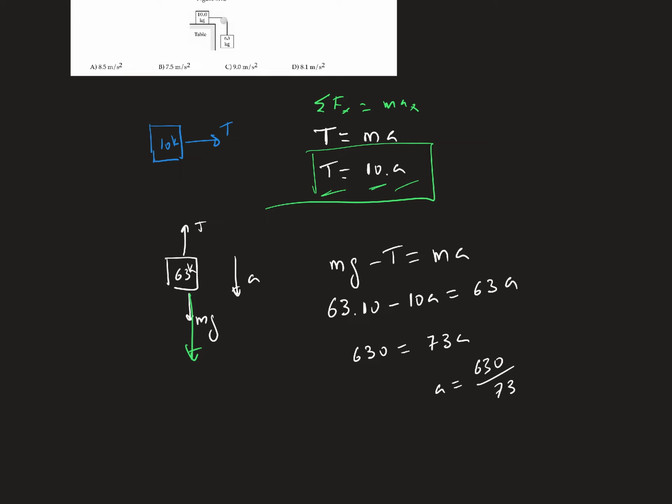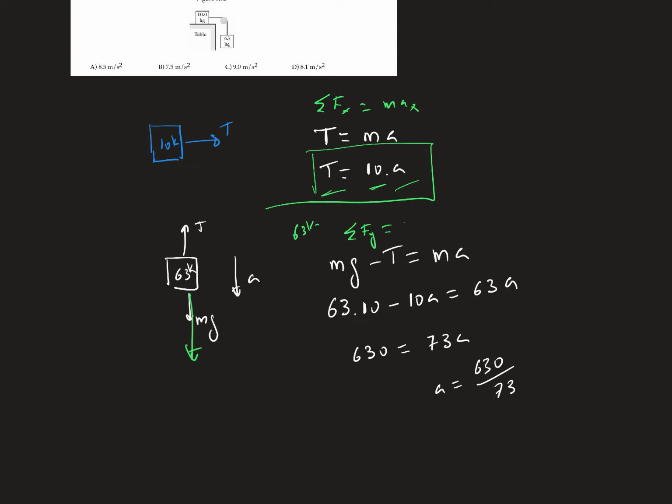So what is the equation that I will plug in? The sum of all the forces in the y direction for this body of 63 kilograms is the mass by the acceleration in the y direction. What are the forces acting in the y direction? The weight is positive because I choose the positive direction as the direction of the acceleration. So the weight of this mass of 63 is mg going downwards.